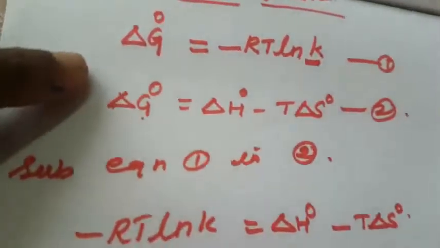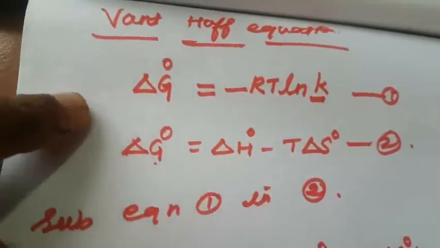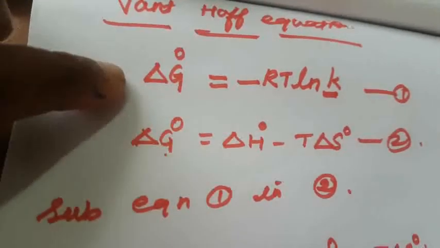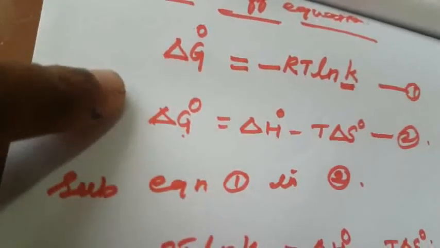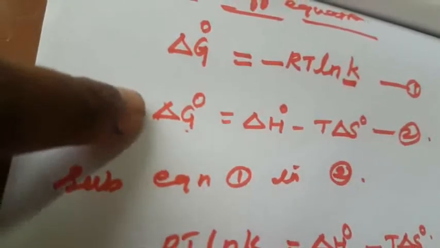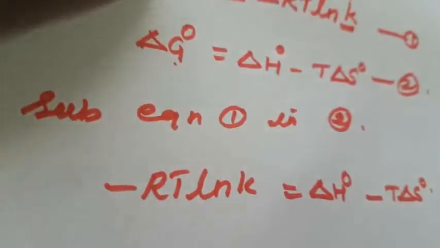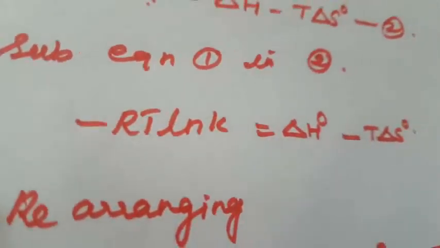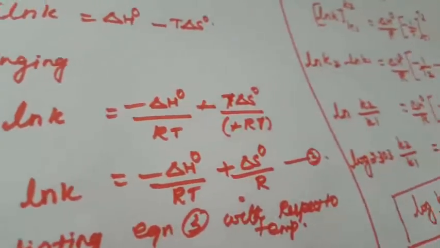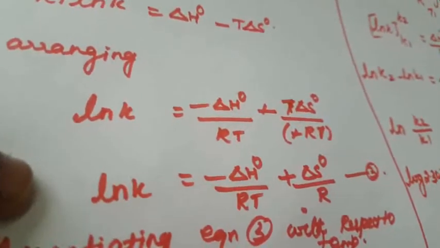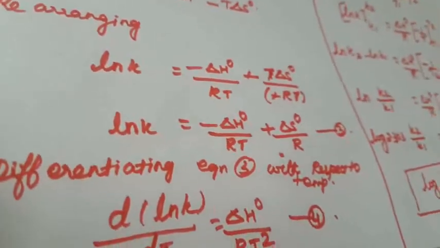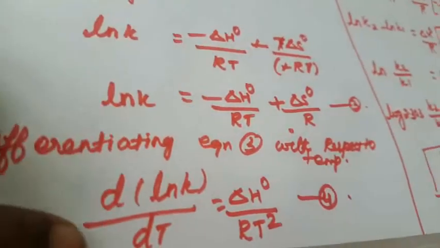Once again, this is the interrelation between the standard free energy and the equilibrium: delta G0 is equal to minus RT ln K. We already know the standard free energy is equal to delta H minus T delta S. Substituting equation 1 in 2, minus RT ln K equals delta H0 minus T delta S0. Rearranging, ln K equals minus delta H0 by RT plus delta S0 by R. Differentiating d ln K with respect to temperature gives delta H0 by RT square.